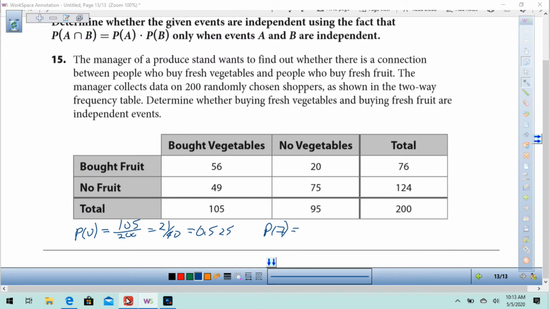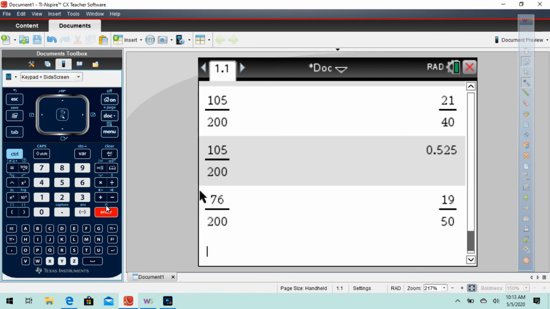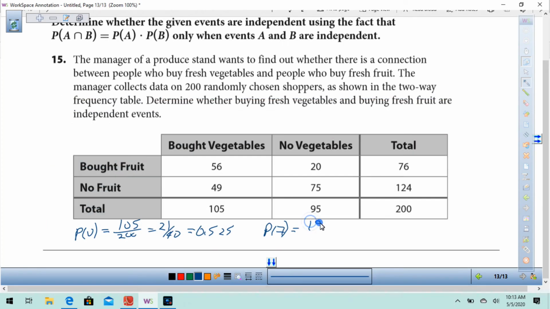I got 76 over 200. 76 divided by 200 is 19 over 50. Maybe I need to show y'all how I got that. 76 over 200 equals 19 over 50. Okay.